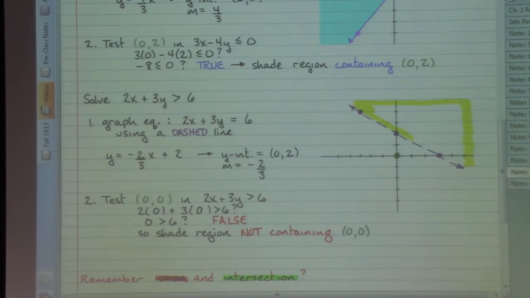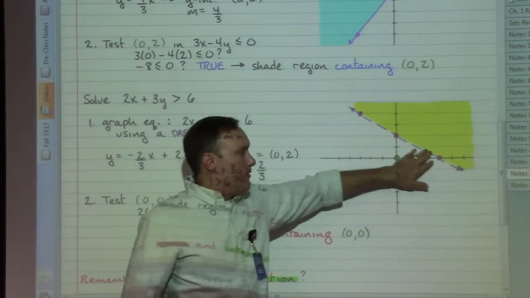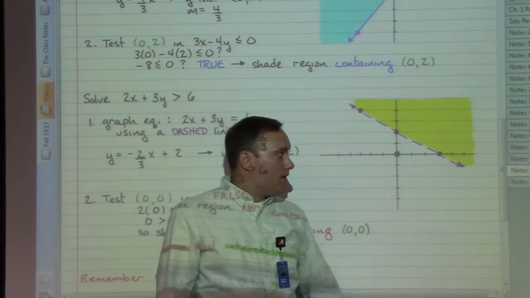In this particular case, as I'm coloring things in, none of the points that are on the purple line will satisfy our inequality. None of those will work because of the type of inequality symbol that we have. So none of those points that are on our dashed purple line are going to be part of our solution.